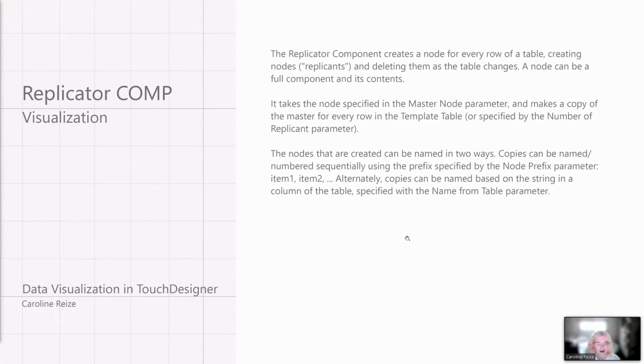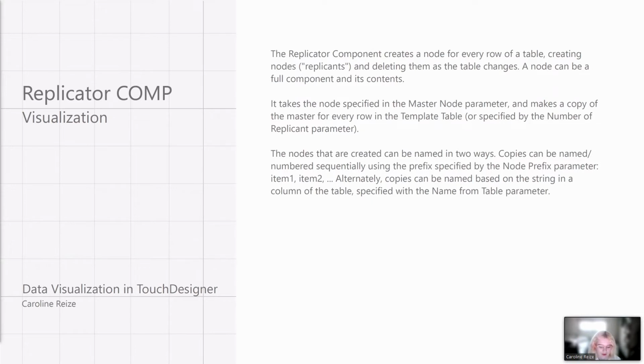And then the second one is the replicator comp. The replicator comp will use a master component or operator, and it will duplicate this operator multiple times depending on the rows of a table.